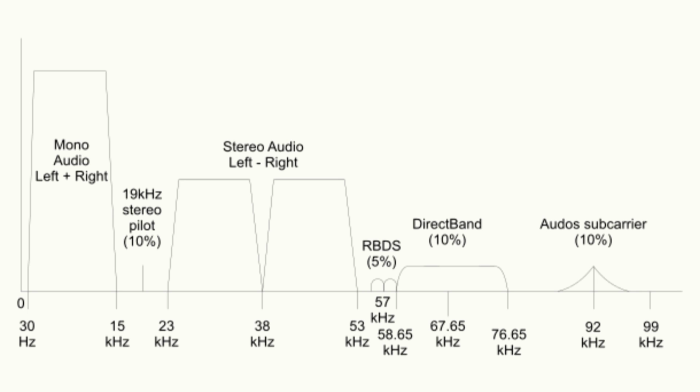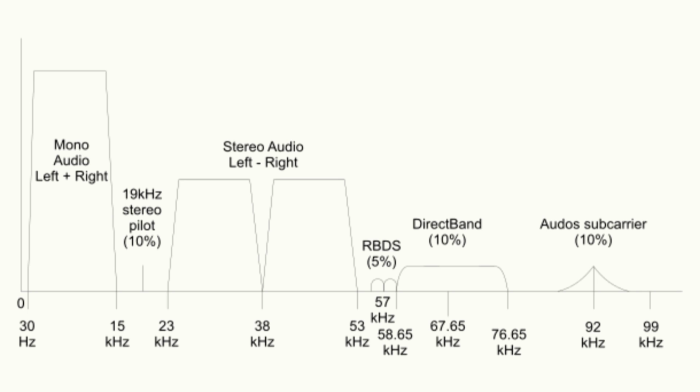All commercial radio stations use what's called a brick wall filter that cuts off anything above 15 kilohertz, and it's a very sharp cutoff, so there's no chance of interaction between that 19 kilohertz pilot tone and the main program audio.